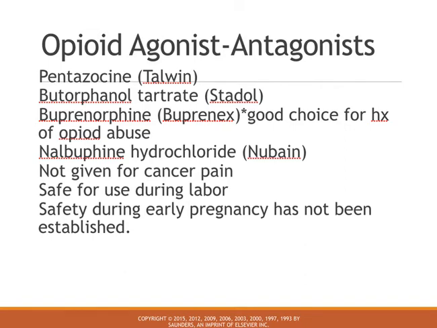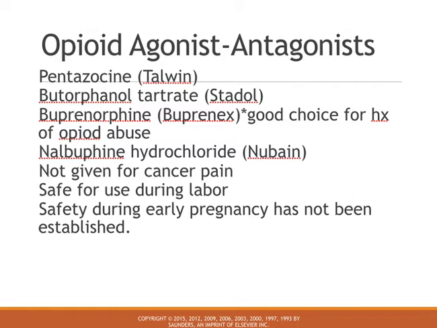Okay, so that brings us to opioid agonist antagonists. Buprenorphine, that's the drug that I've mentioned a couple of times. That's the one that's good when people have a history of opioid abuse. This class of drugs are not given for cancer pain because there's a risk of central nervous system toxicity from the high doses that are needed.